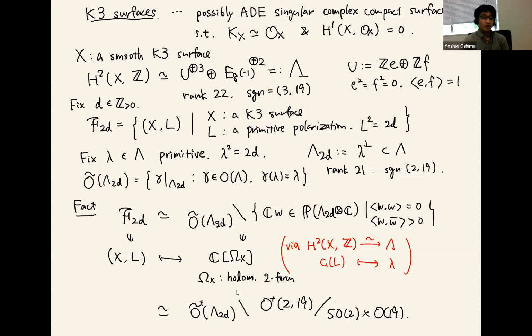By this correspondence, this isomorphism is proved. This subset of projective space has the structure of a Riemannian symmetric space. O plus (2,19) is an index 2 subgroup of O(2,19), and this is also an index 2 subgroup of O tilde. But anyway, we have such a description as a locally Riemannian symmetric space.